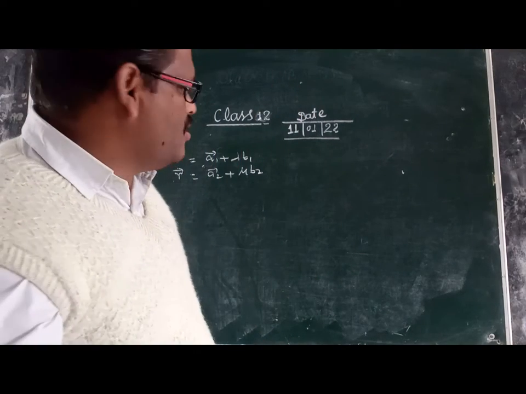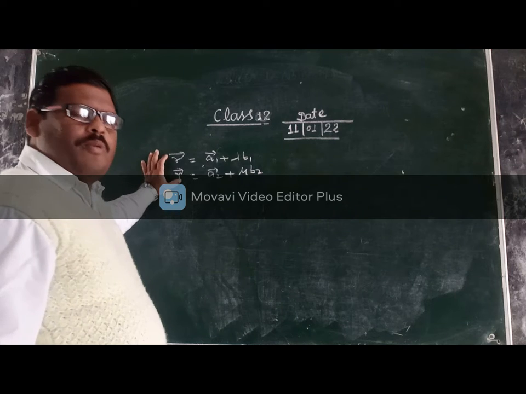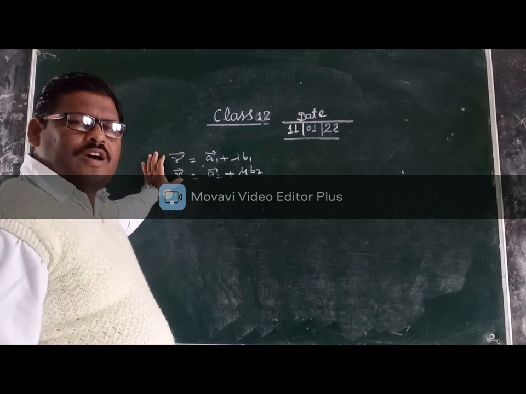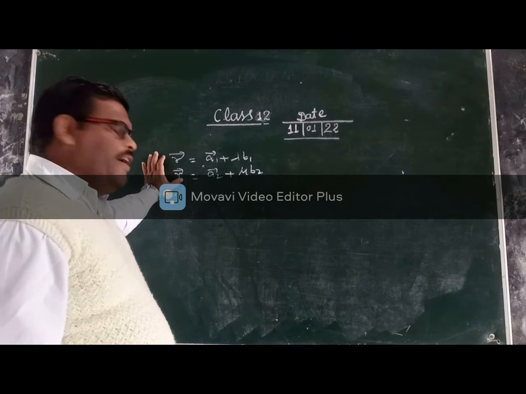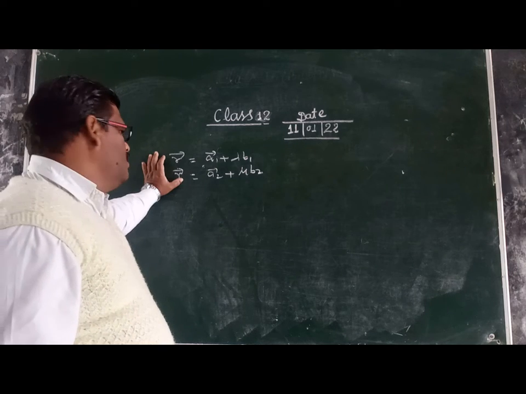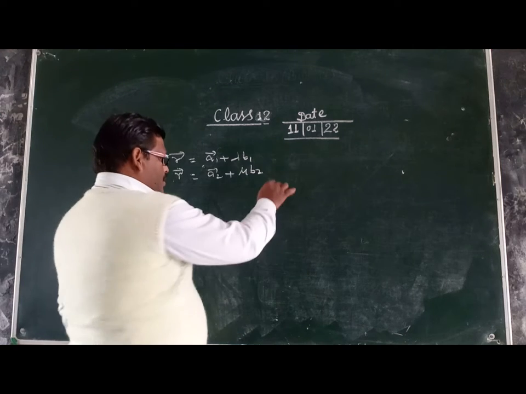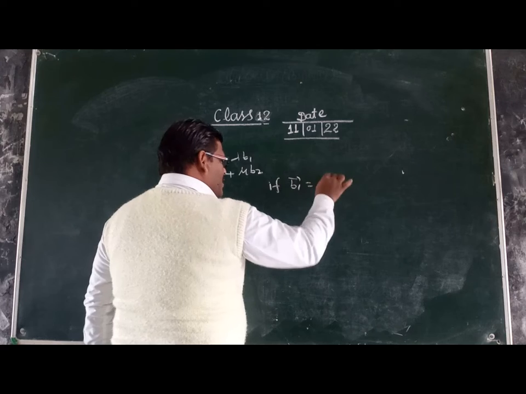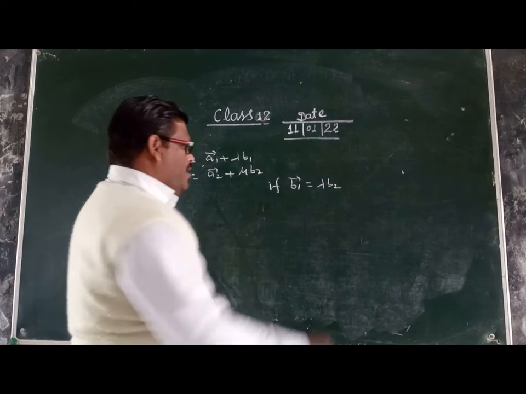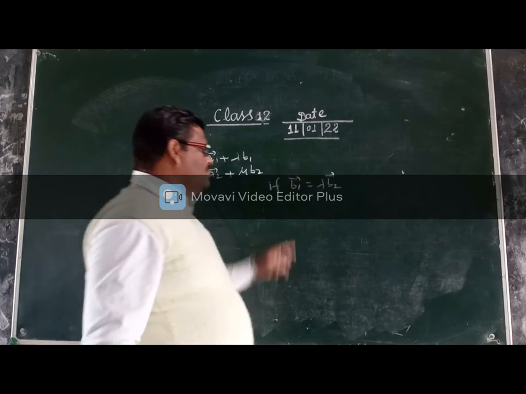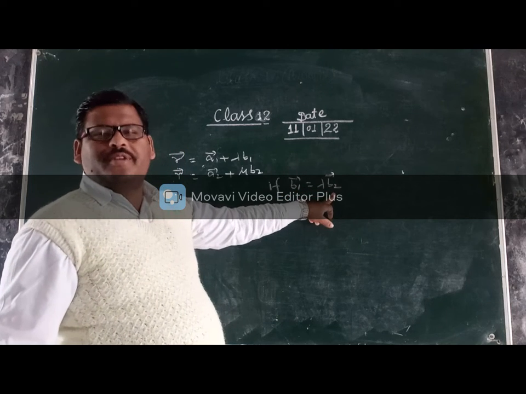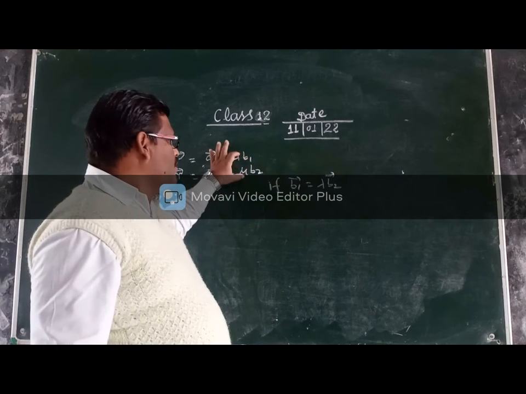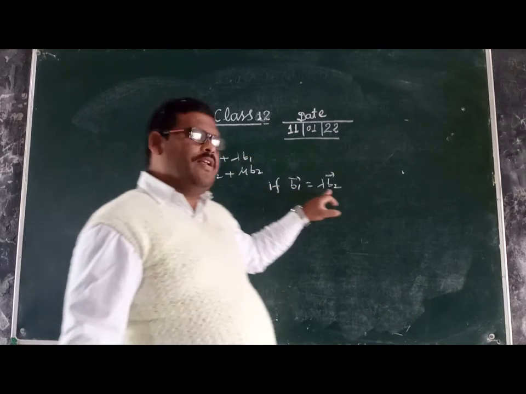For the distance between two lines, first of all, we examine whether the given lines are parallel lines or skew lines. Suppose that vector v1 is equal to lambda times vector v2. In this case, that is the condition that the equations of the lines represent parallel lines.